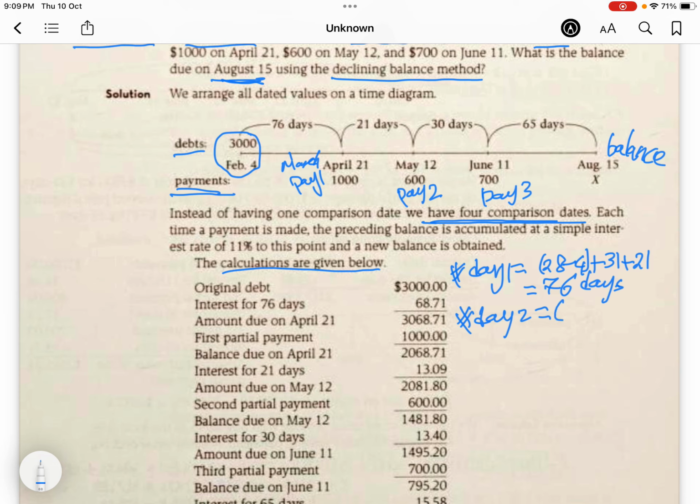Here you will have 30 minus 21 plus 12. 30 minus 21 will be 9, plus 12, it will be 21 days.